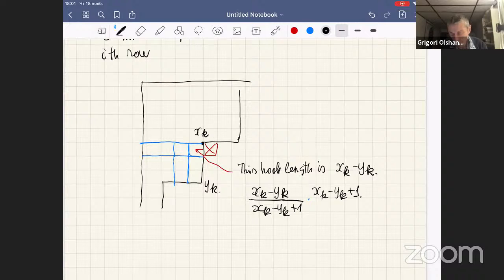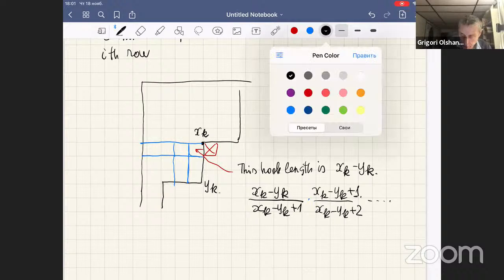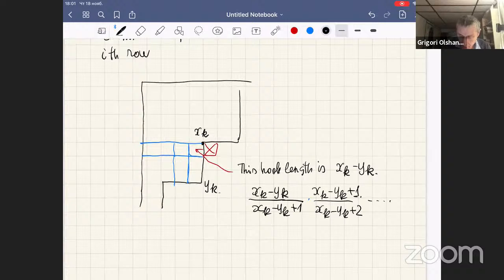We add 1 and divide by this quantity +2 and so on until we move up to this position.